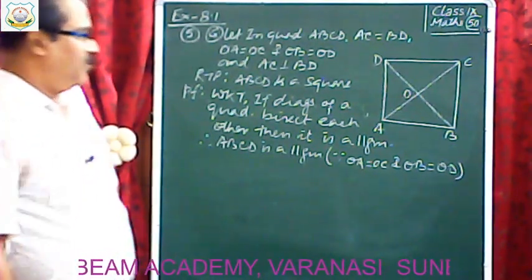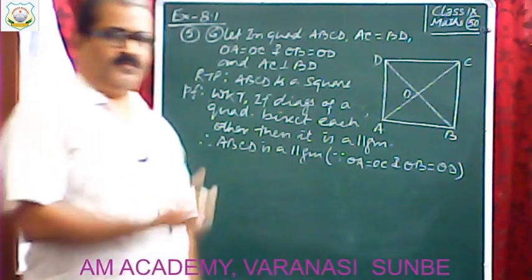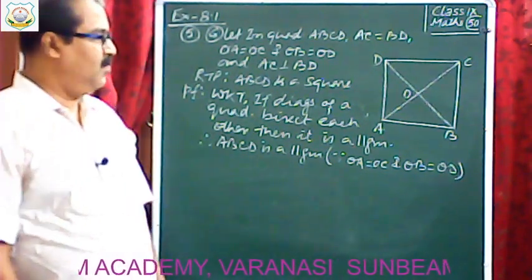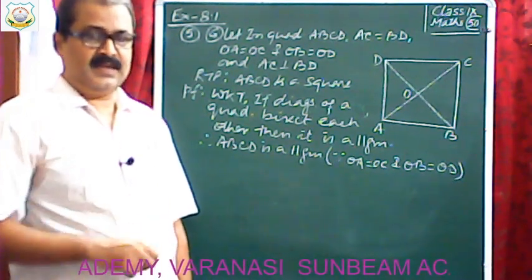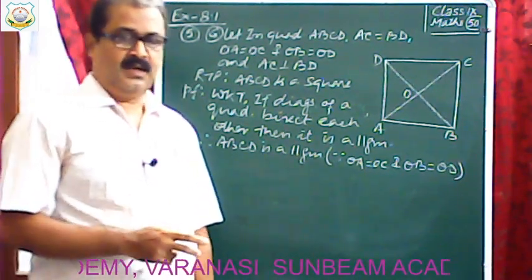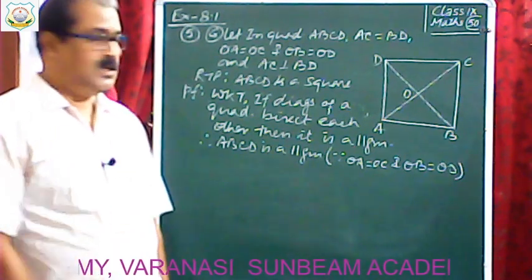Thereafter you have to prove one pair of adjacent sides of this parallelogram are equal. For that you have to consider two adjacent triangles, and you have to prove both the triangles are congruent.